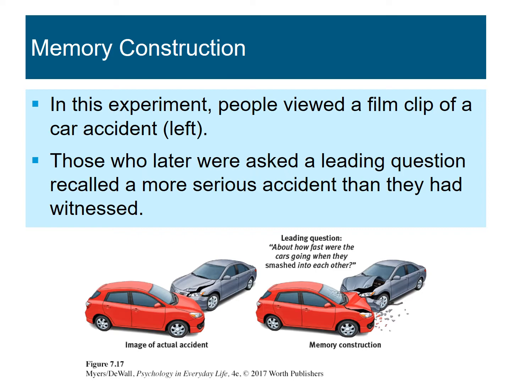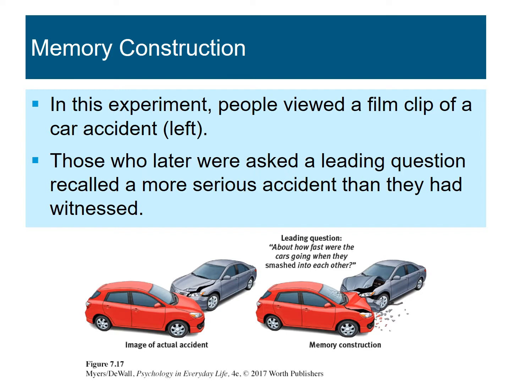So let's talk about memory construction. Some researchers did an experiment and had people view a film clip of a car accident on the left. So this is the image of the actual accident. Those who later were asked a leading question, which is sort of worded in a way that talked about the destructive damage of the situation, recalled a more serious accident than they had witnessed.